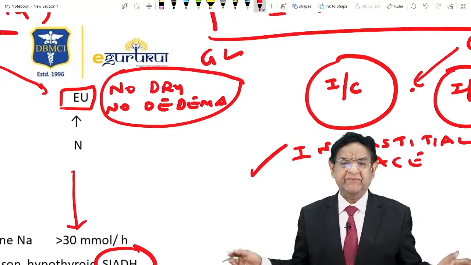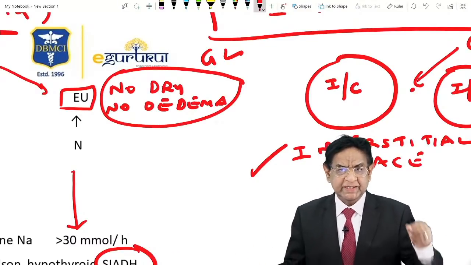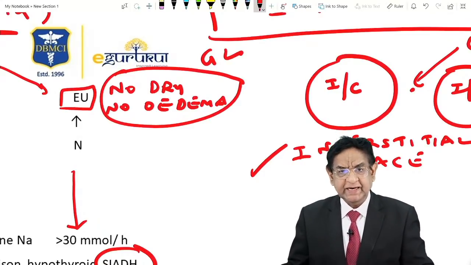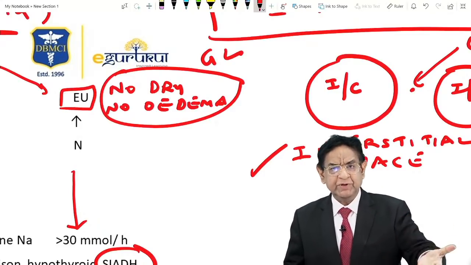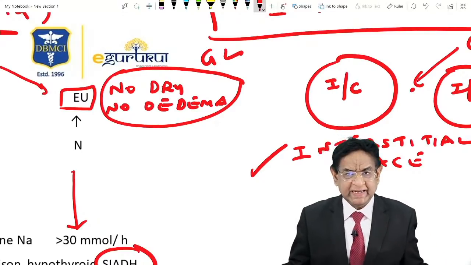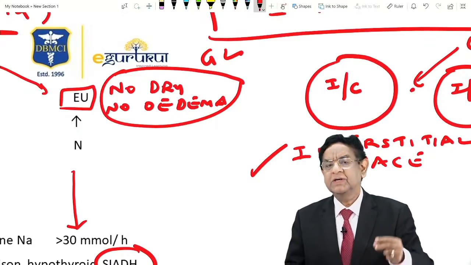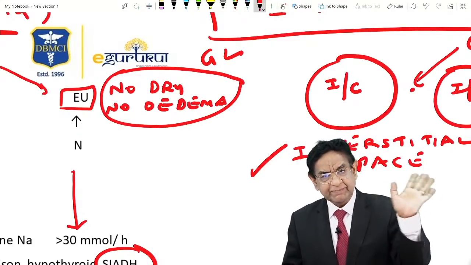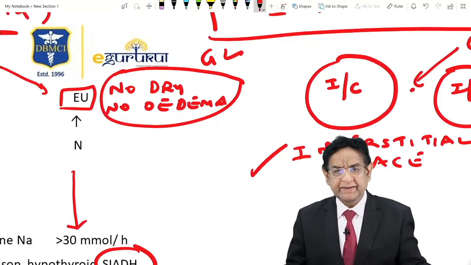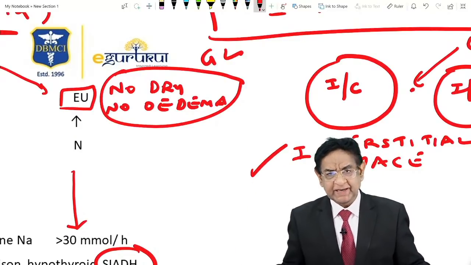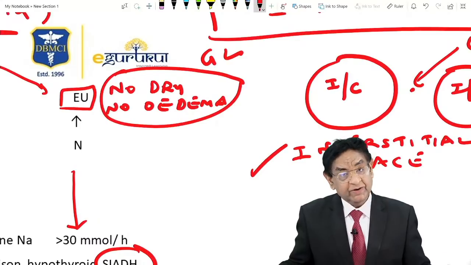Very comfortably, at a glance, in 2 seconds, you can pick it up. Patient comes to you with a lab report, serum sodium is less. What do you ask? Show me your tongue. He shows the tongue, it looks wet. That means no dehydration. Then you look for edema of feet, no edema. By this only you can diagnose that I am dealing with euvolemia, euvolemic.